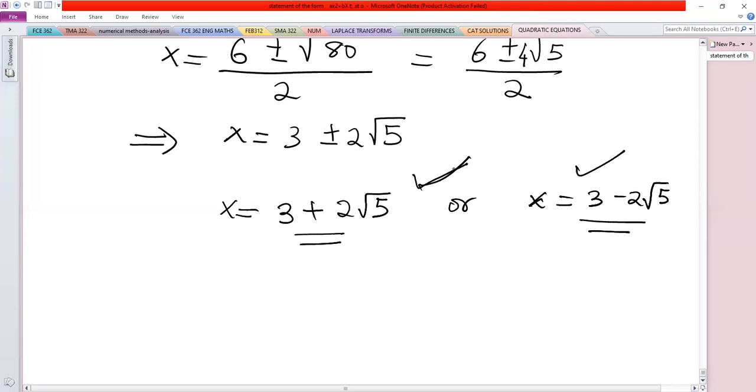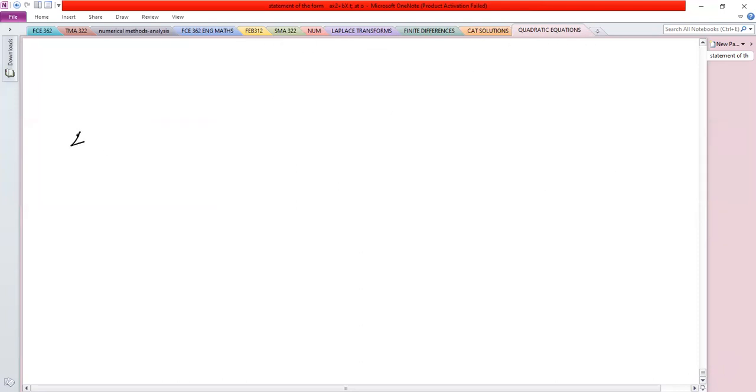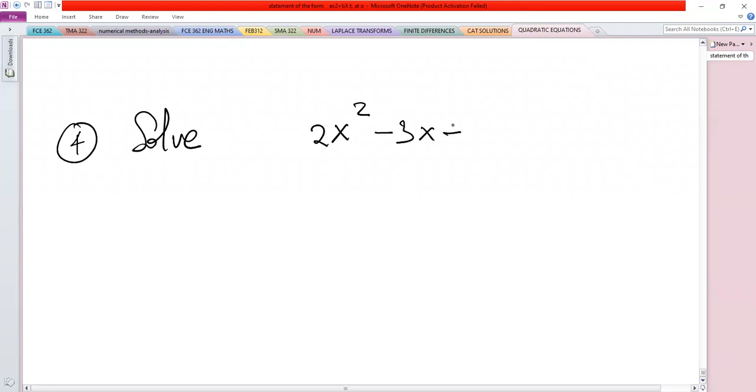And then the other problem, number 4: solve for x, 2x squared minus 3x plus 5 equals 0.